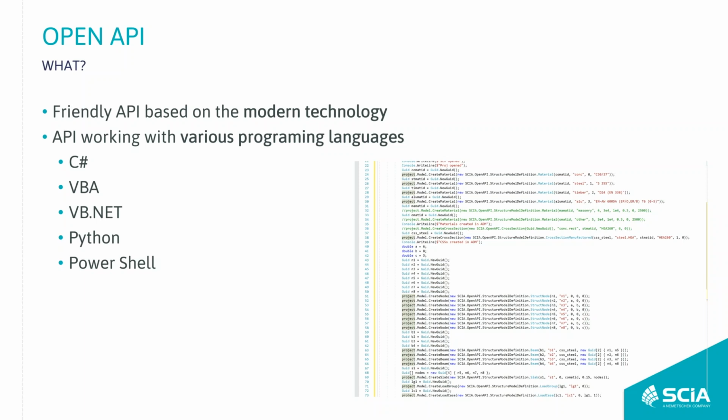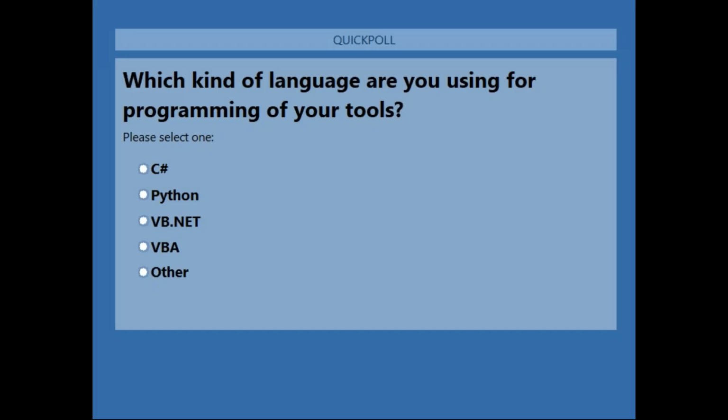And for me, it's the right moment to ask you to vote which programming language you are using, or at least know. I will let you vote for a couple of seconds.